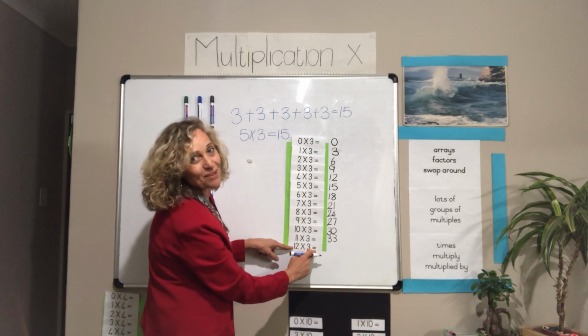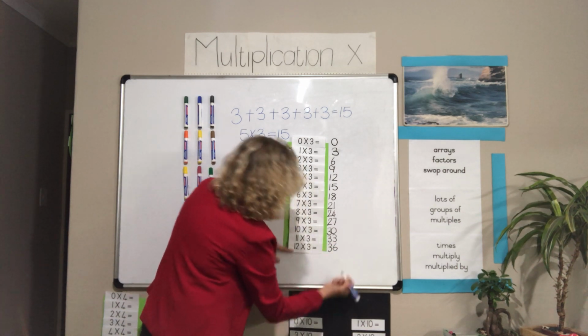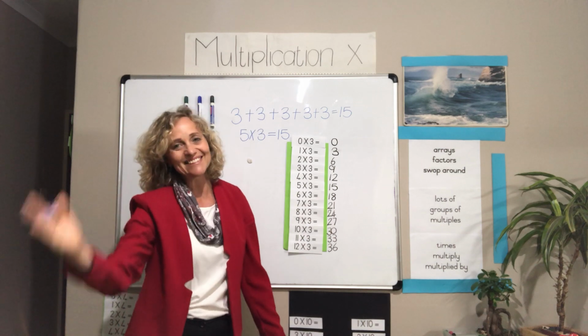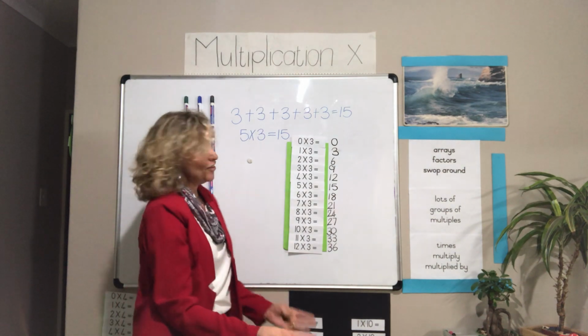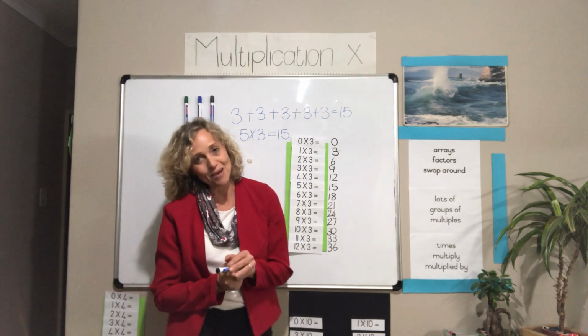And 12 times 3 is 36. Well done. And now officially you have been introduced to the 3 times table.